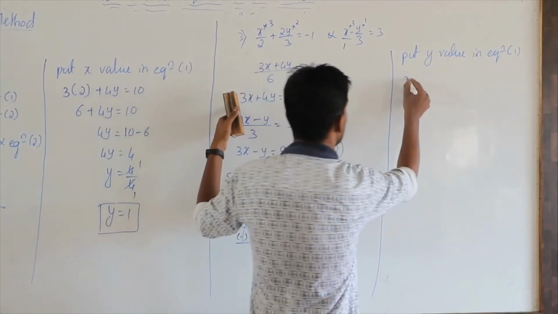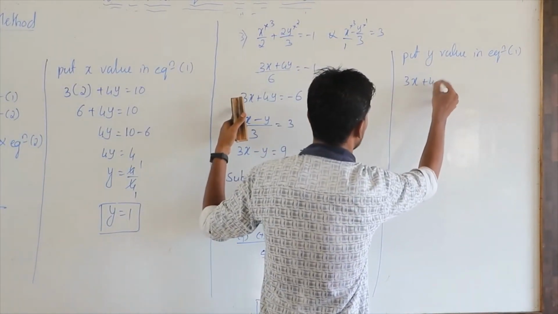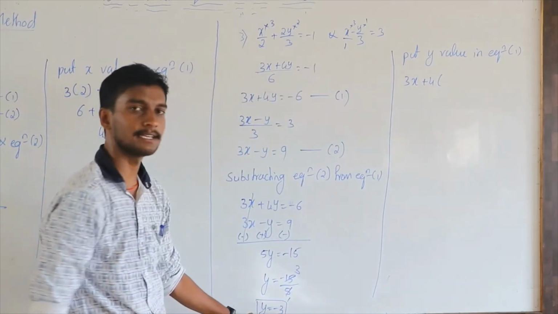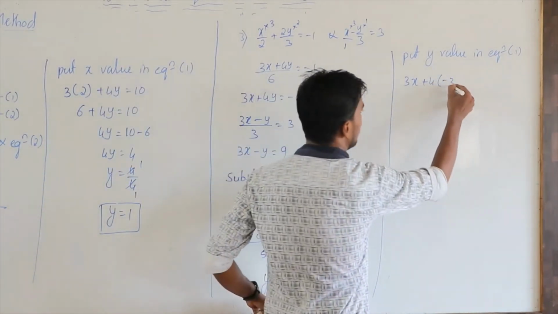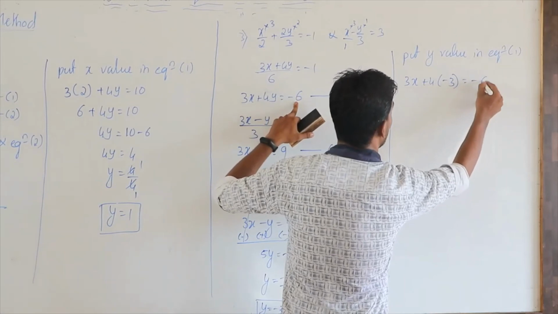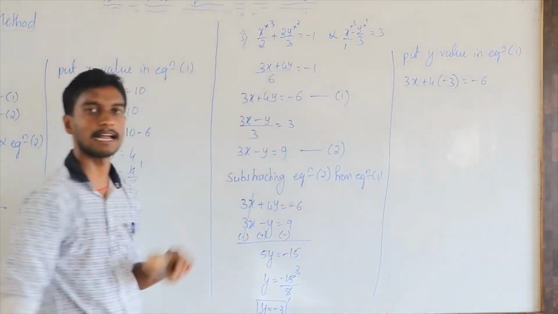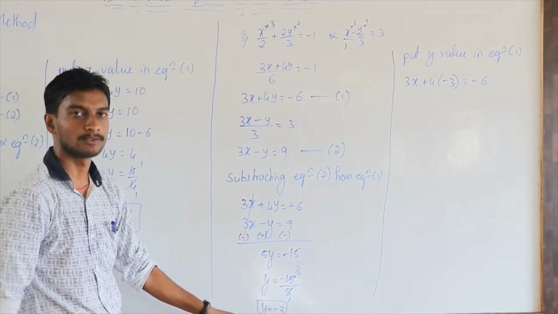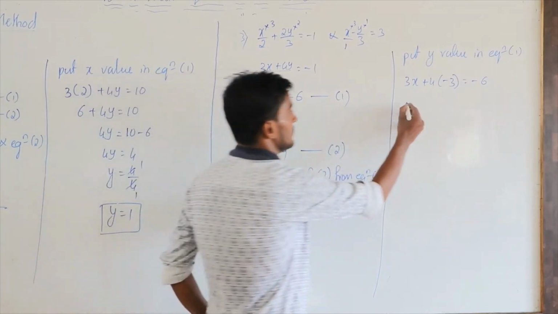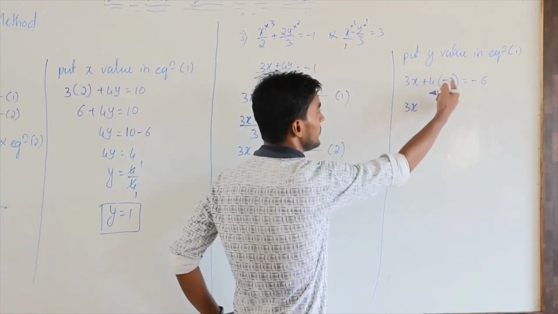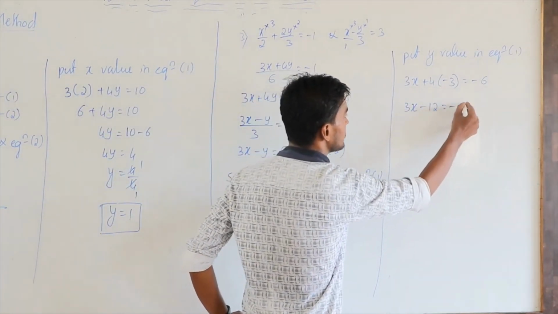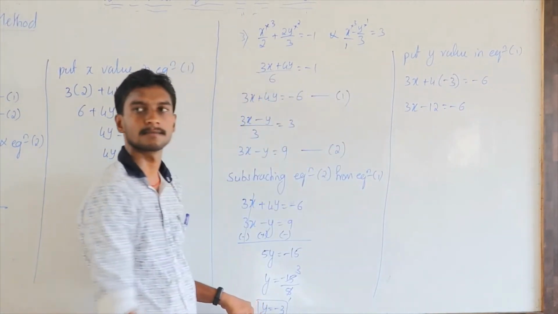So 3x plus 4 into the y value, which is minus 3, is equal to minus 6. In equation 1, I have substituted the y value to get the x value. 3x, 4 into minus 3, minus 12, is equal to minus 6.